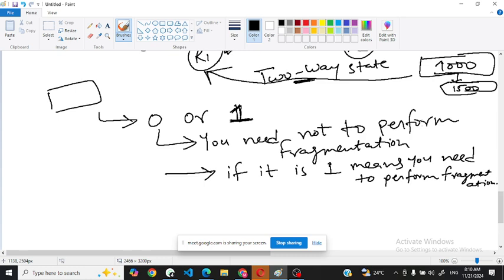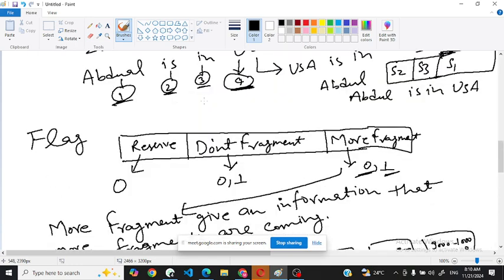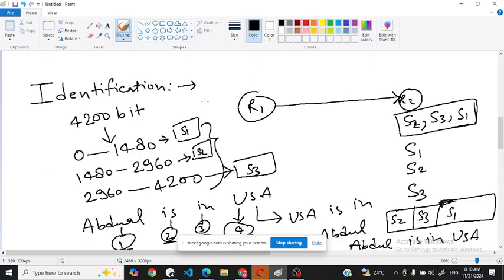The last one is fragment offset. Does anyone have any idea about fragment offset? So, the identification field has an identification number.